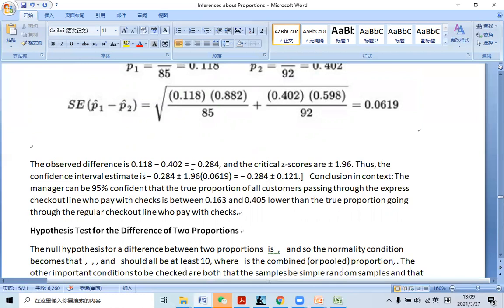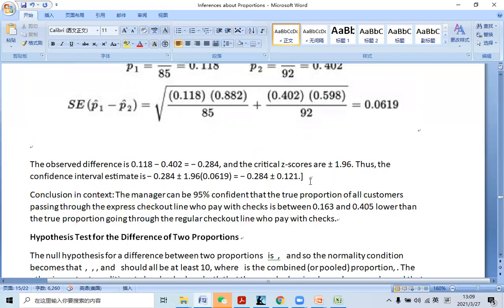This is 1.96 times the standard error. And your estimate of the population difference is negative 0.284. That's the difference between the two proportions of people paying with checks. The margin of error is positive and negative 0.121.